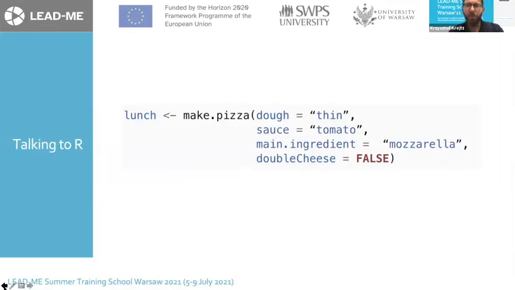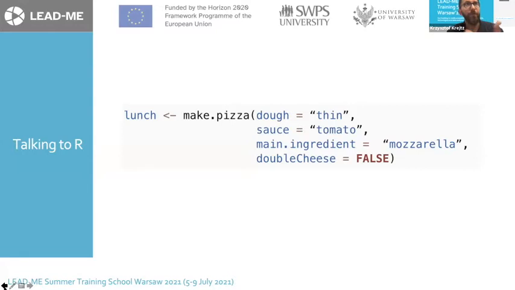Now, the R script is written in the R language. This is a programming language, and like any programming language, a good metaphor is giving orders to the computer or asking for something.